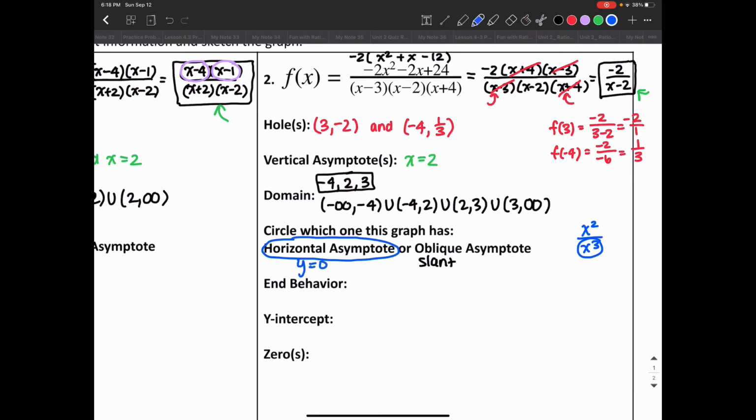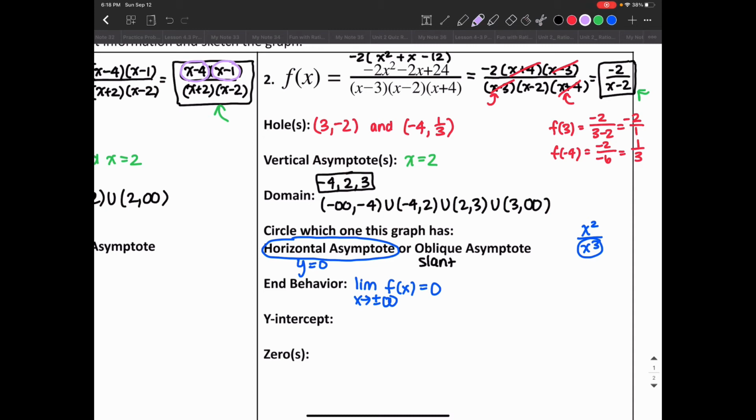So the end behavior is described by that horizontal asymptote. And I say the limit as x goes to positive or negative infinity of f of x is equal to 0. The y-intercept I know is when I plug in 0 for x.